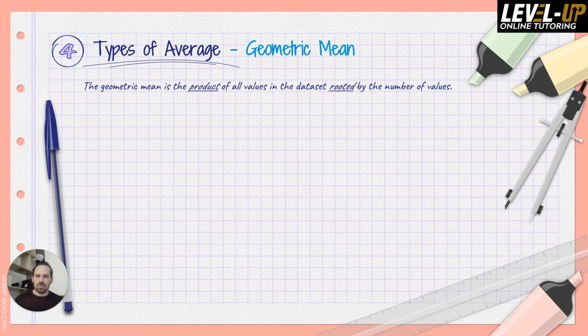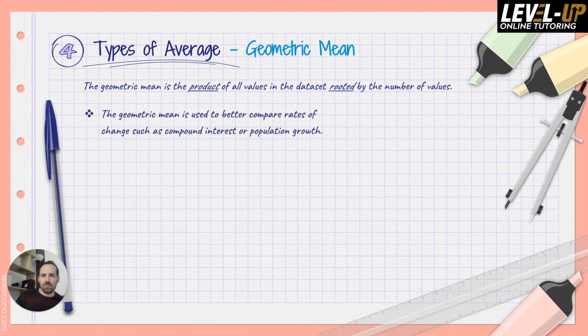Geometric mean. This is something you're not so likely to come across, but I just want to cover it quickly to make sure. It's similar to the arithmetic mean, but rather than adding them all up and dividing by how many there are, you multiply them all up and then take the root of how many there are. This is typically good for anything like interest rates, things that are multiplicative, to do with scales and scale factors.